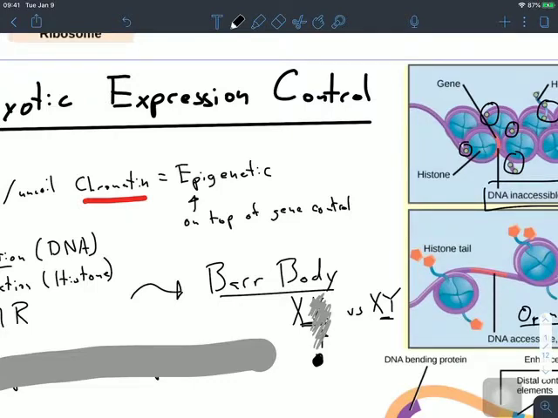And by turning off the X chromosome that carries the lack of pigment, or the white coloring, you will get a patch of calico cat that either expresses the black or the brownish fur.